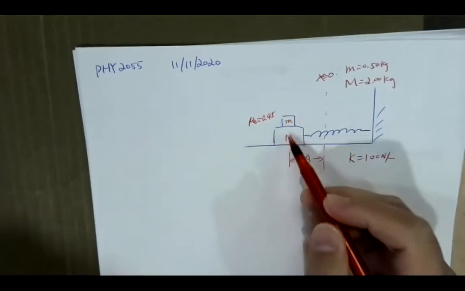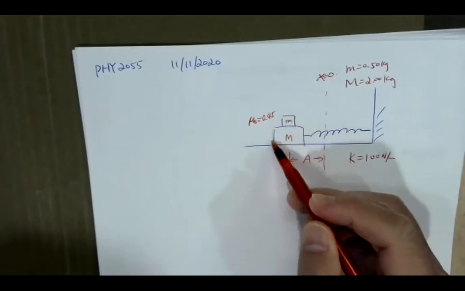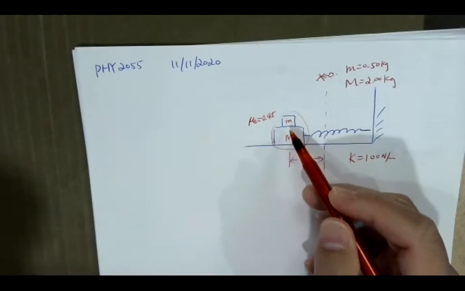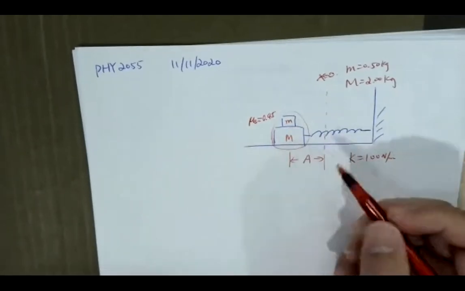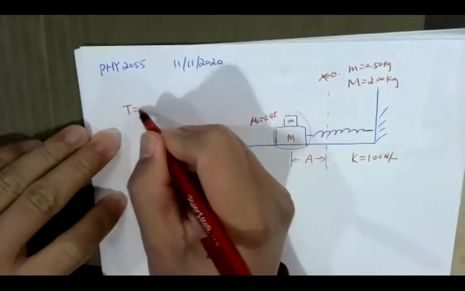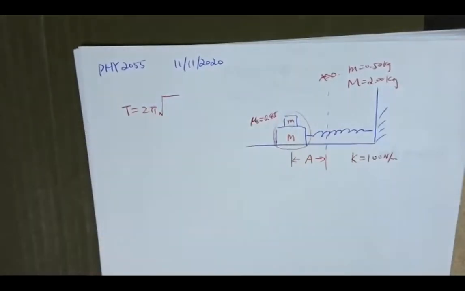Okay, so if the two are not moving relative to each other, then you just treat them as one system, one larger mass of capital M plus small m. Okay, so you can use the equation of the period equals 2 pi square root of k over m. I believe that's the equation.